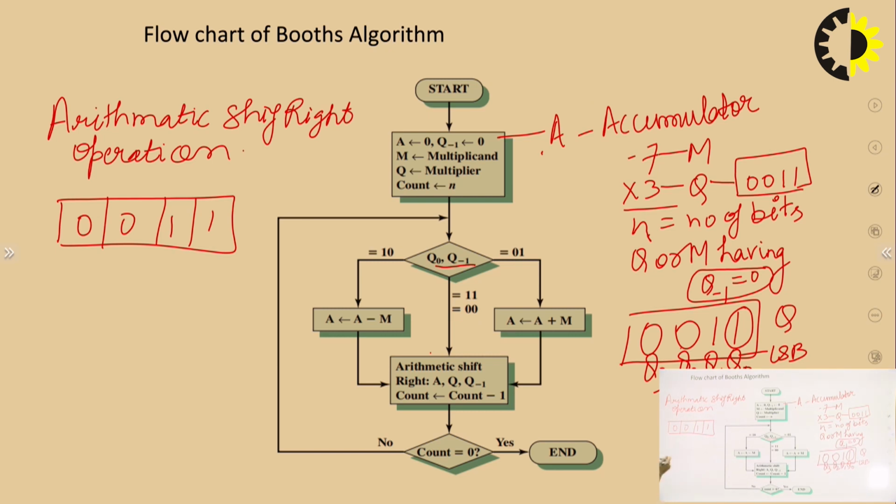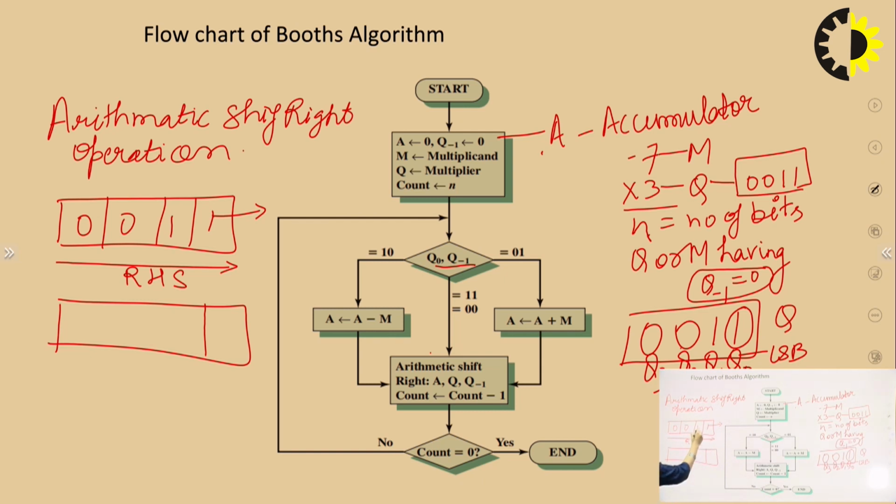Now in arithmetic shift right operation, we have to shift the bits towards the right hand side. And how are we going to shift it? Now this last bit is removed from the register, and what will we get here? We will get this one. Next, at the location of this one, what will we get? This 0.